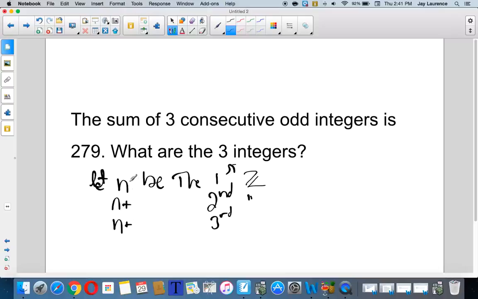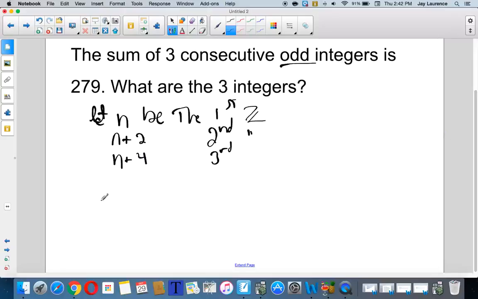All right. So if the first integer is n, the next consecutive odd integer is going to be 2 away. Like if I count 1, 3, 5, 7, aren't they all plus 2 every time? So if the first one is n, the first odd integer, then the second one would be n plus 2. And the third one would be n plus 4. All right.